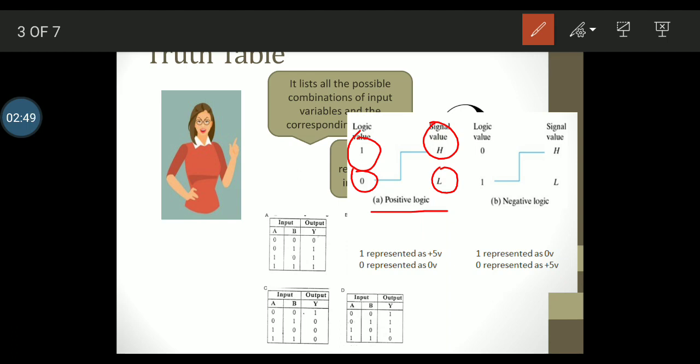Negative logic is one in which 1 represents low voltage and 0 represents a higher voltage. In our study, the writing of truth tables will mainly follow the positive logic system.